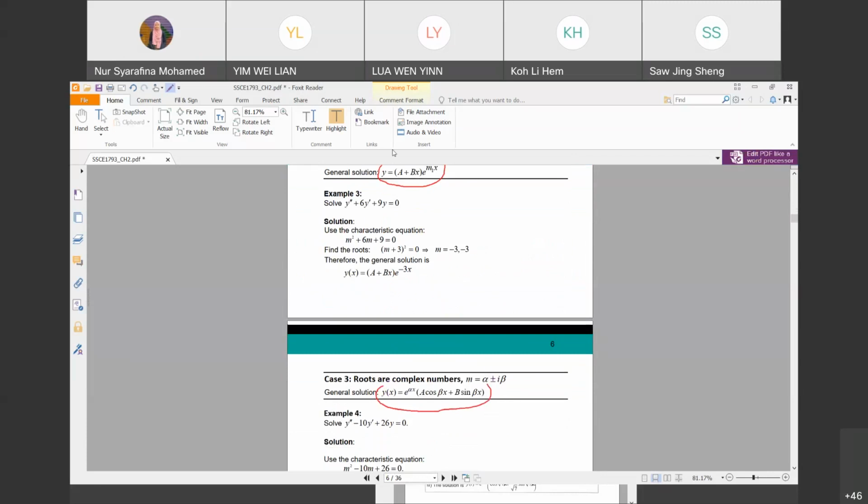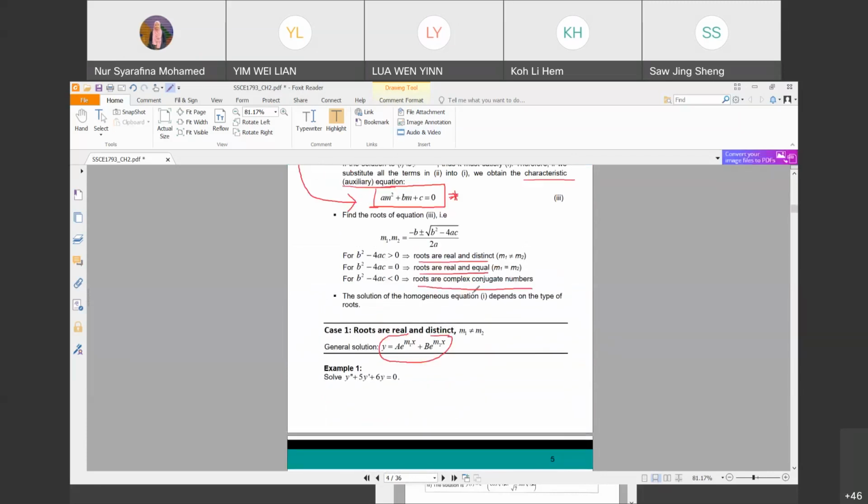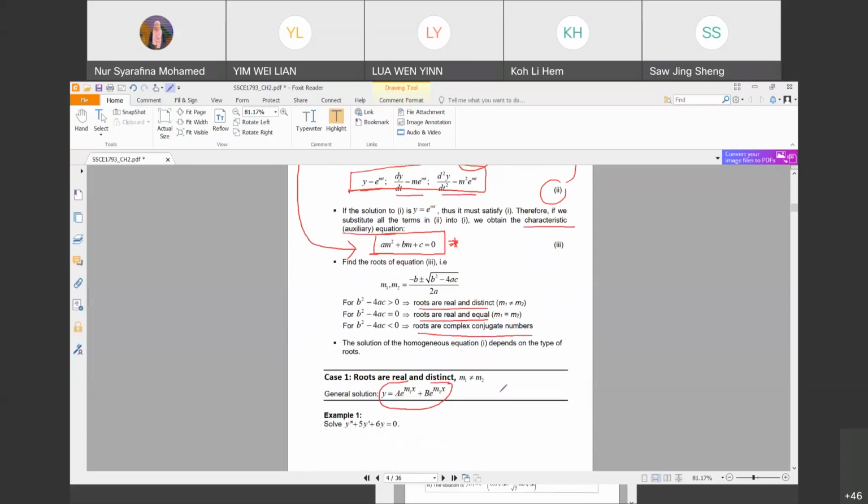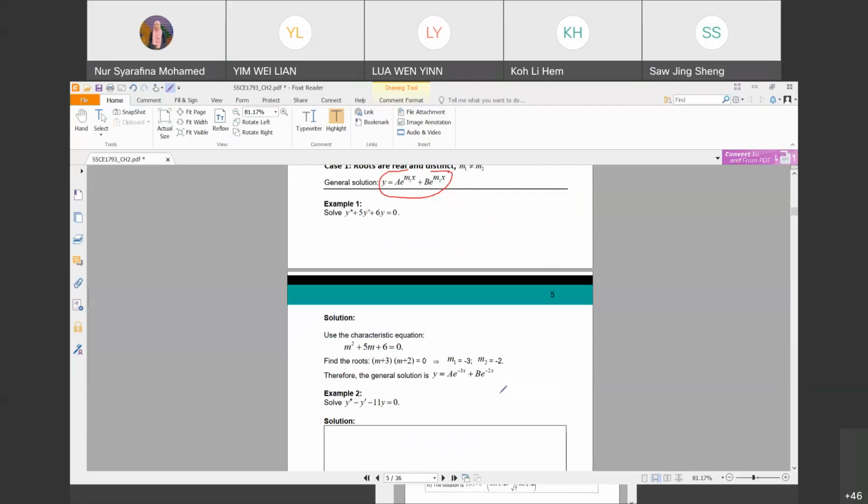Where does this solution come from? From this assumption. We differentiate so that we can substitute into the differential equation, find m, and then identify the solution using the form for each of the solution types. All right, let's take a look at the first example.